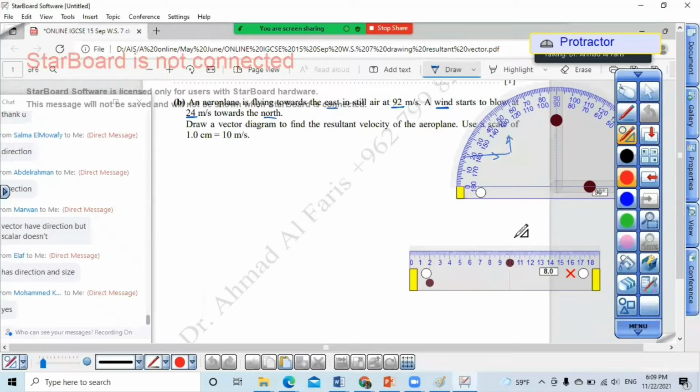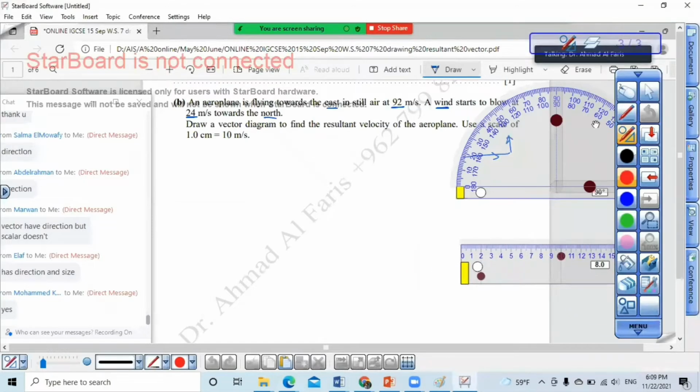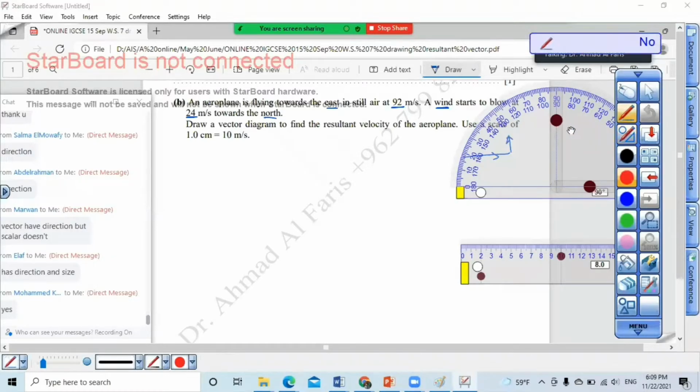Now, what will be my scale? It's very important here to know what scale you are going to use. Let's say they give us that each 1 centimeter is equal to 10 meters per second.